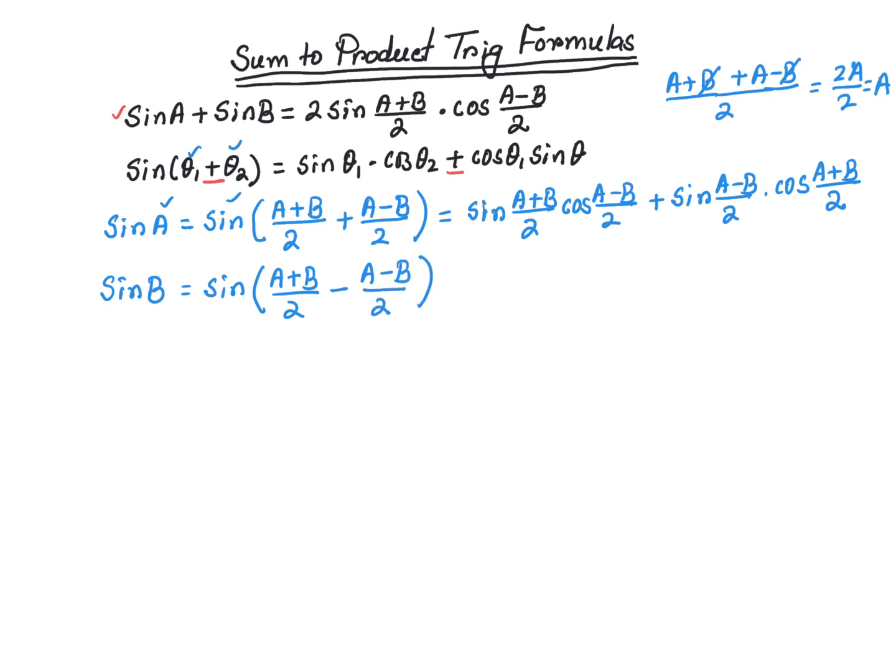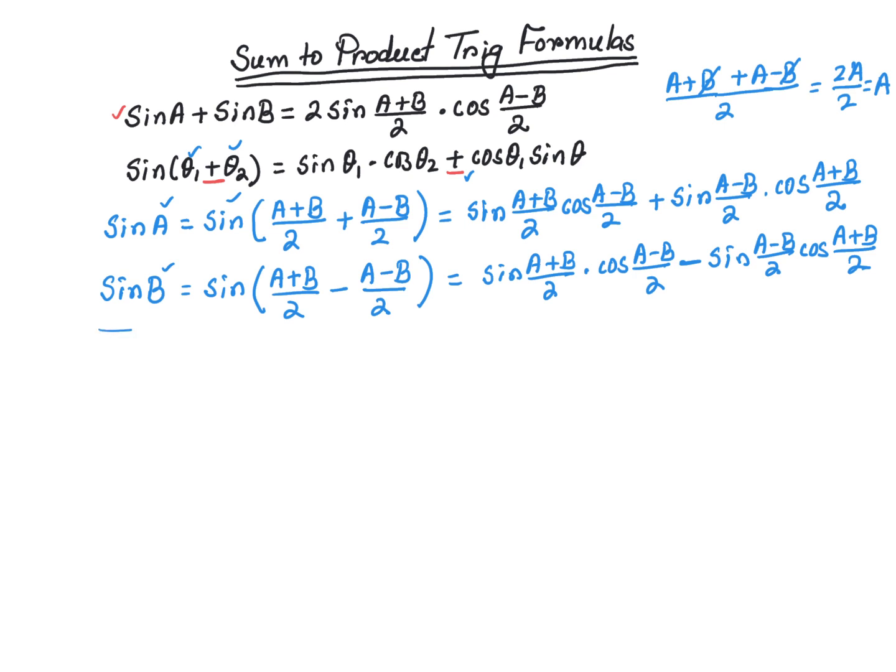By the way, if you simplify it, you're going to get sine of B. So now this becomes sine of (A plus B) divided by 2 times cosine of (A minus B) divided by 2, and here it is going to be minus, this red one. So minus sine of (A minus B) divided by 2 times cosine of (A plus B) divided by 2.